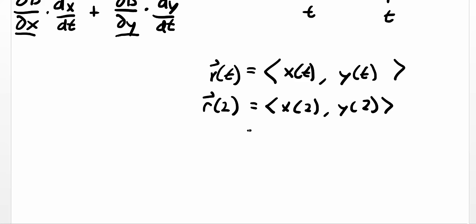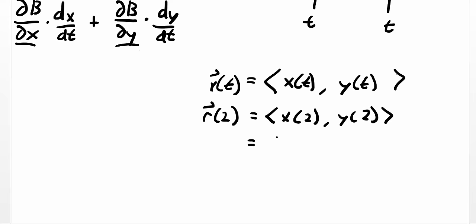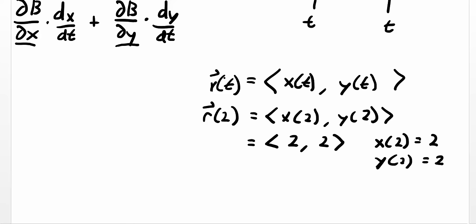Now they told us this equals, in this particular problem, 2, 2. So from this we can gather that x of 2 equals 2 and y of 2 equals 2.